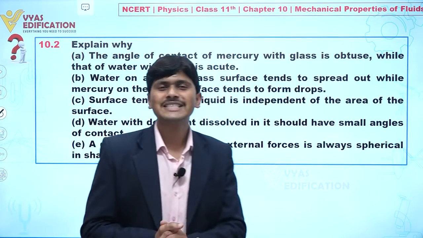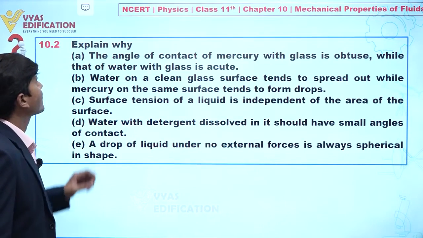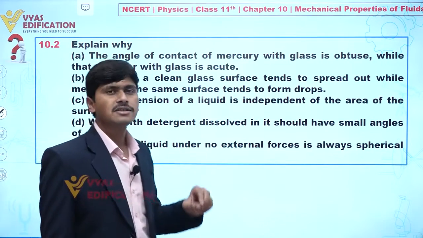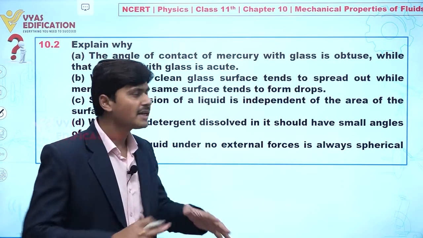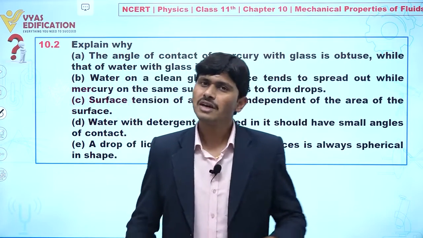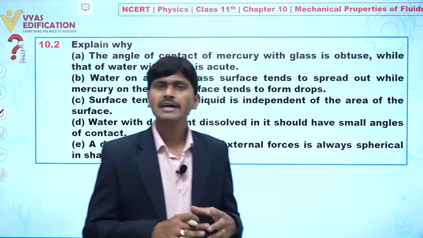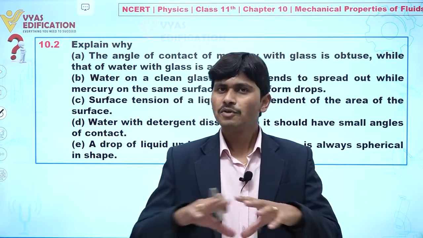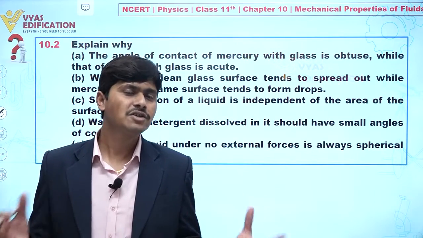Now we are going to discuss part B. It is given that water on a clean glass surface tends to spread out, while mercury on the same surface tends to form drops. Again we have the same answer, because between water and glass, adhesive force is acting.